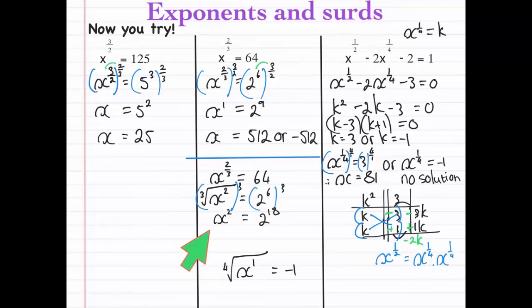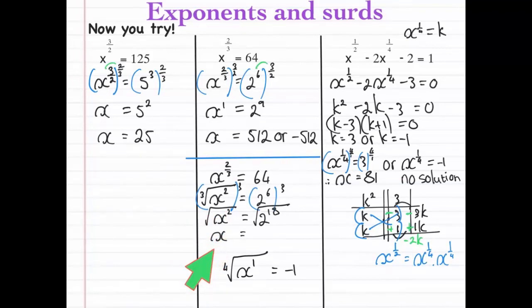And then to get rid of that 2, I'm going to get the square root of this x to the power of 2. And then I'm going to get the square root of that one. So basically this will be x, because that 2 divided by that 2 is 1, and this equals 2.